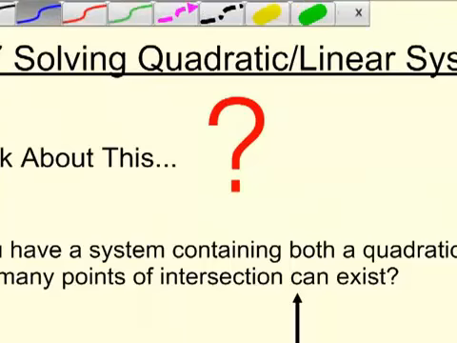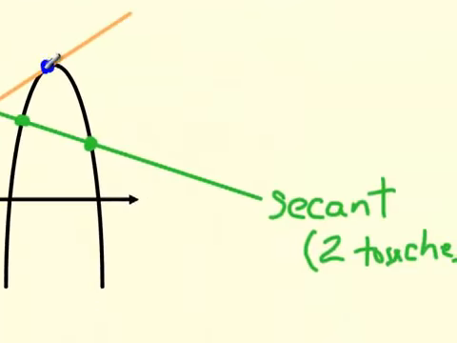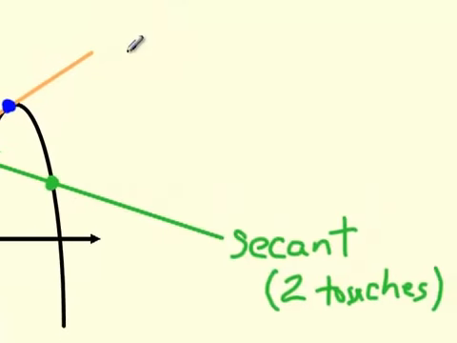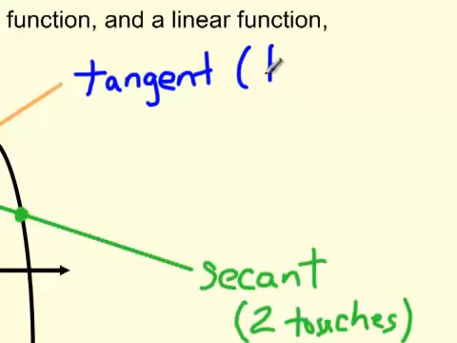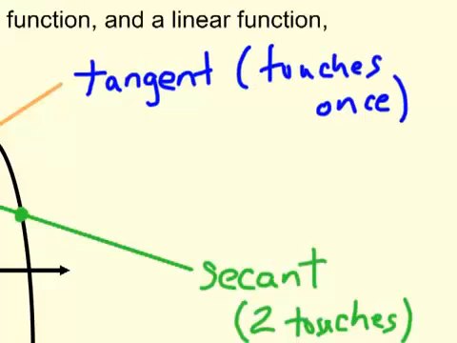And so I can mark the point of intersection right there. Even though it looks like it touches at more than one spot, this would only touch at one spot. We say that this type of line is tangent to the parabola, which means that it touches, but it only touches once.